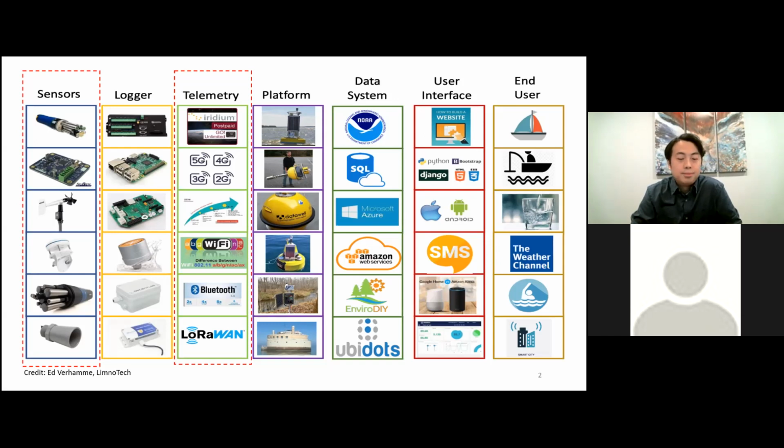Obviously there are different parts connected and involved in the system. If we wanted to talk about the entire system, we would be here all day. So for the purpose of this webinar, I will focus mainly on sensors and telemetry. These are the major components that are bringing the cost down to make these systems more affordable.